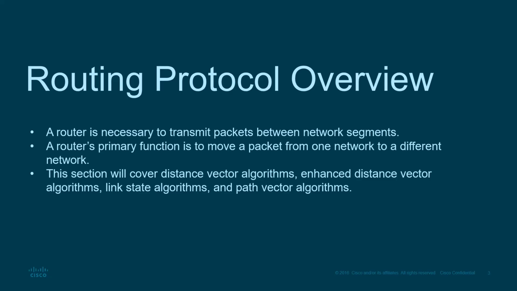So in the routing protocol overview, we're going to be talking about distance vector, the enhanced distance vector, link state, path vector algorithms, and which algorithms are in each category.